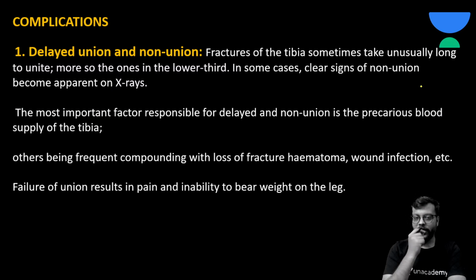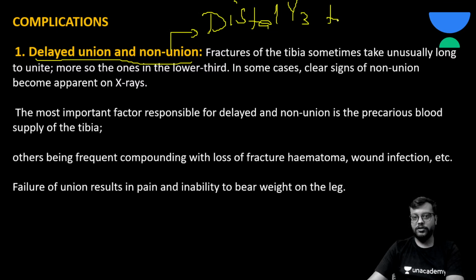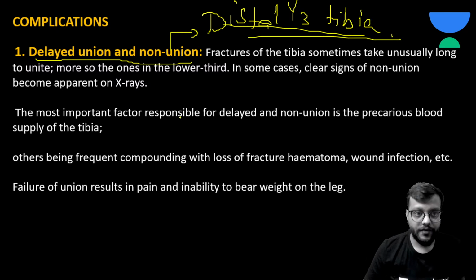Okay, now complications, delayed and non-union, and we have already read that it will be most common in the fractures of distal 1/3 of tibia because of its precarious blood supply, है ना.